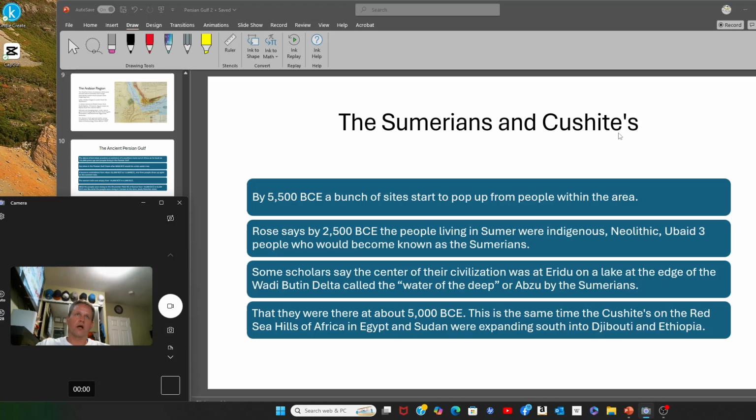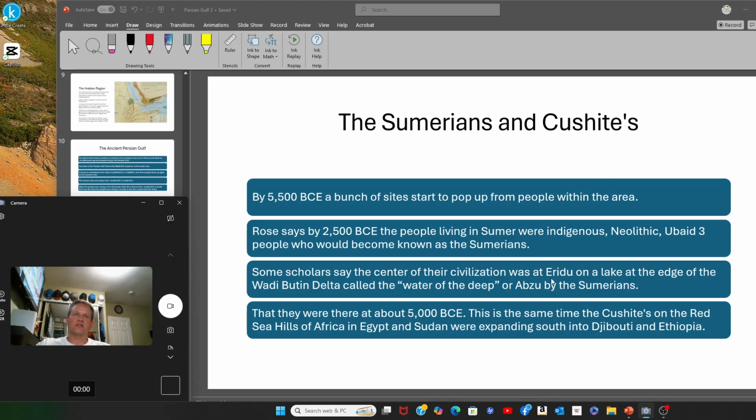Rose is saying these people that are already there in Sumer, the Ubaid people, are who become the Sumerians. But he just said prior that these Ubaid 3 and the people in Arabia are most likely out of Africa.